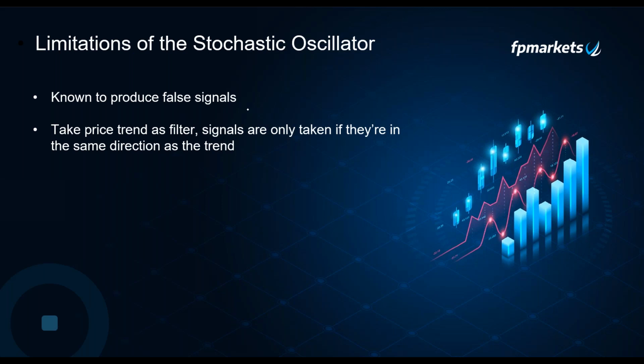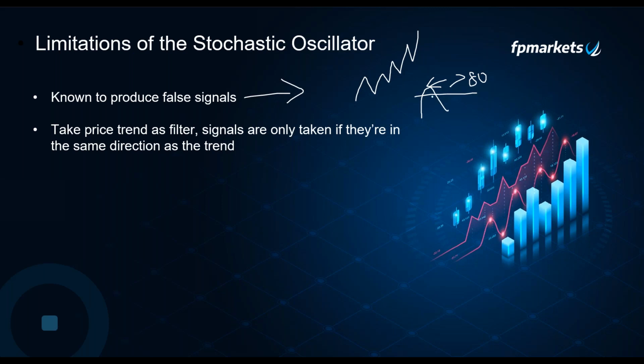For example, when prices are in a really strong uptrend and keep pushing higher, your stochastics indicator is most probably going to show that it is constantly in the overbought region, constantly above 80, and it's going to stay there for a long time.